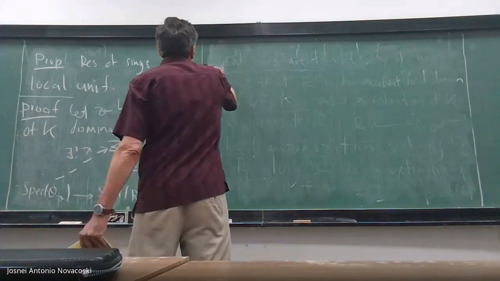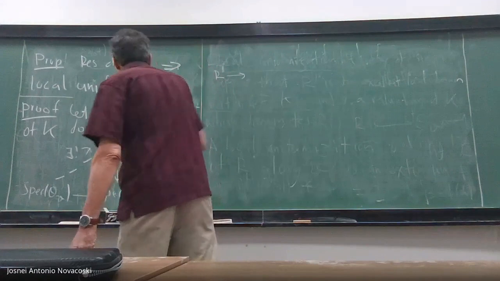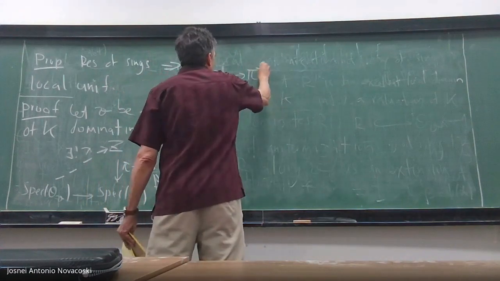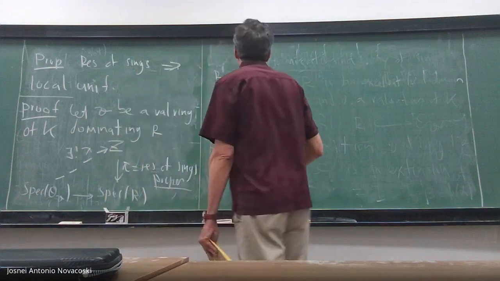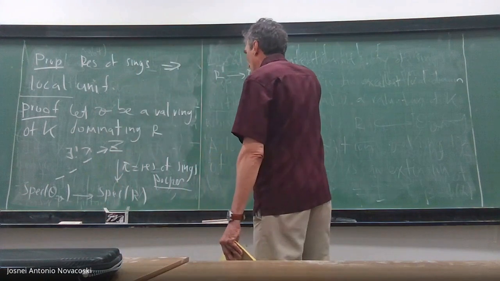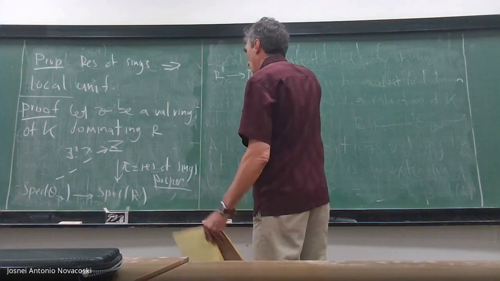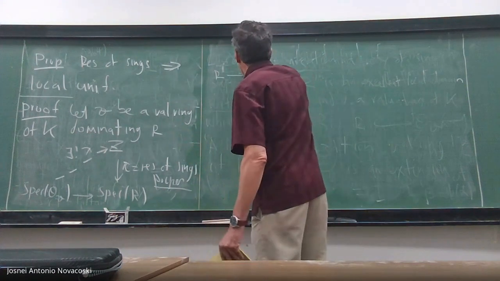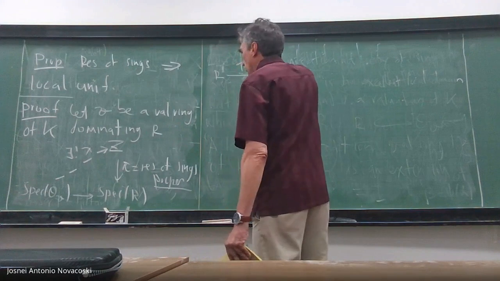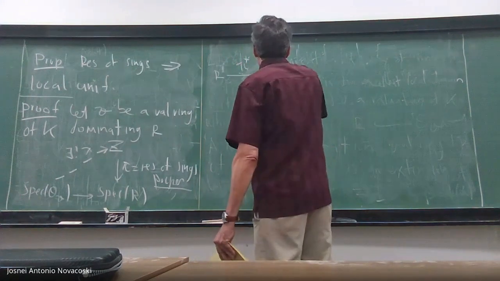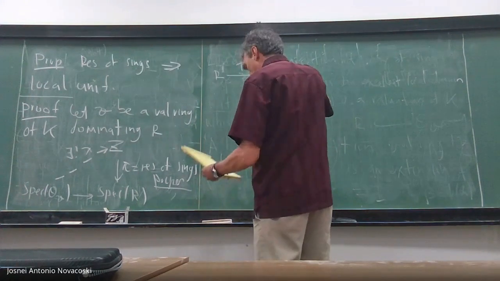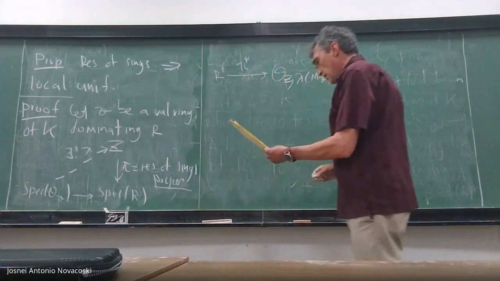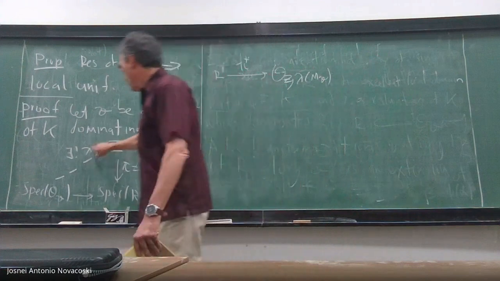So we have R, and then the map pi becomes pi star, and this goes to the local ring of this point over here, the image of lambda.